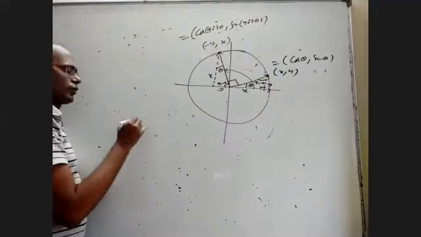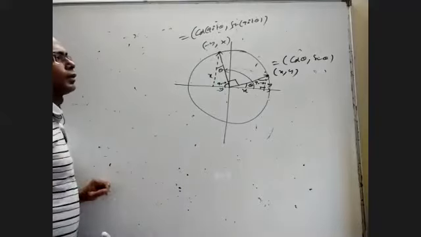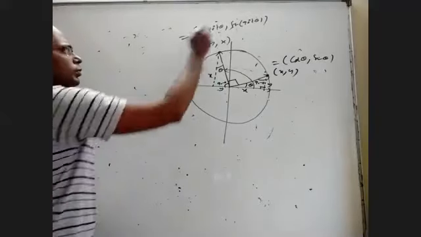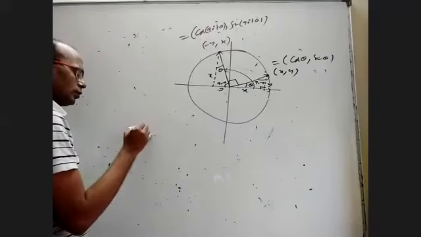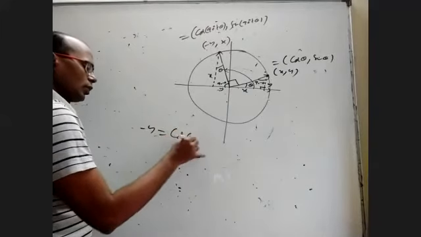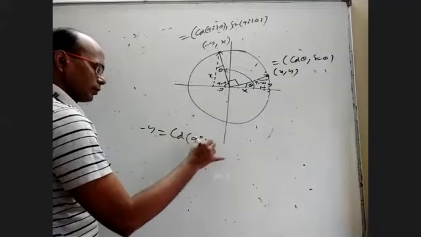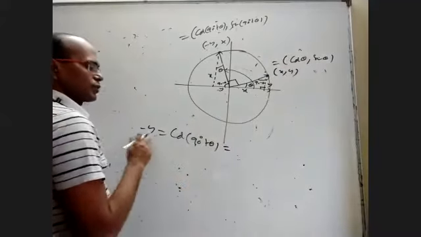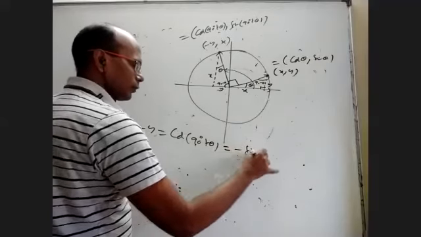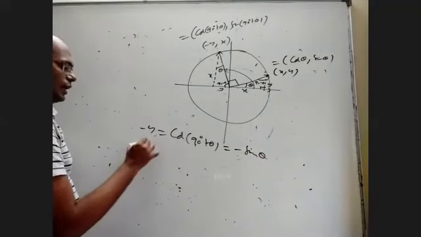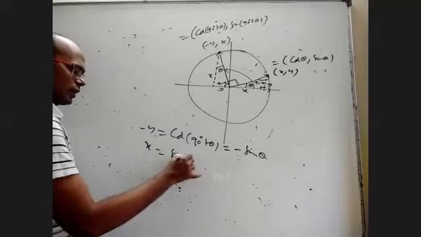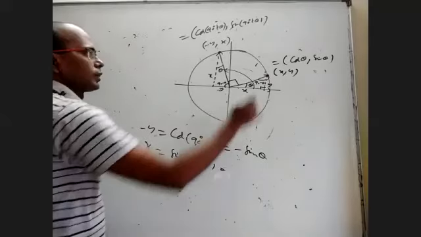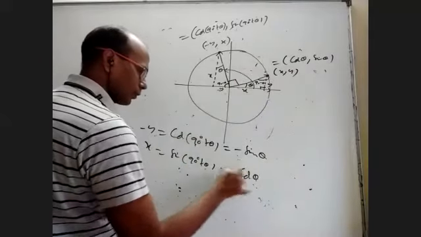So if I take minus y, it is cos 90 plus theta, but same y is sin theta. Minus y, so minus sin theta. And when I take x, it is sin 90 plus theta, and there x is cos theta.